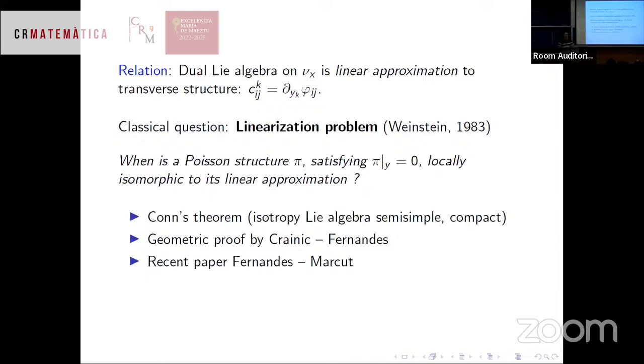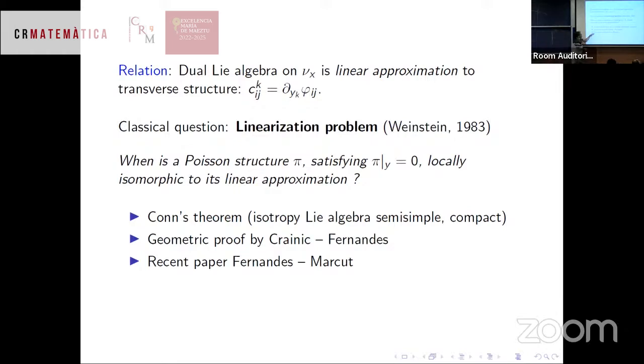Linearization is possible for any Poisson structure whose first order approximation dually is like this, right? And this was a very hard analysis proof using Nash-Moser and things like this. And there is a more geometric proof by Crainic and Fernandes that, on the other hand, uses symplectic groupoids and ideas of integrability, to basically do the averagings that will guarantee that certain cohomologies vanish.